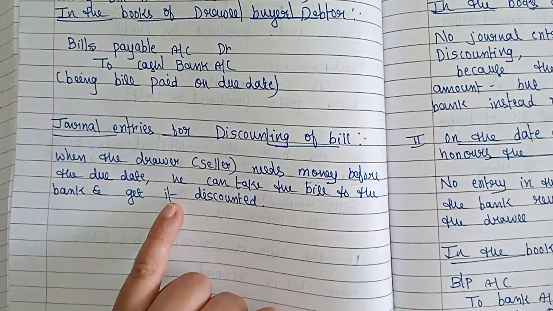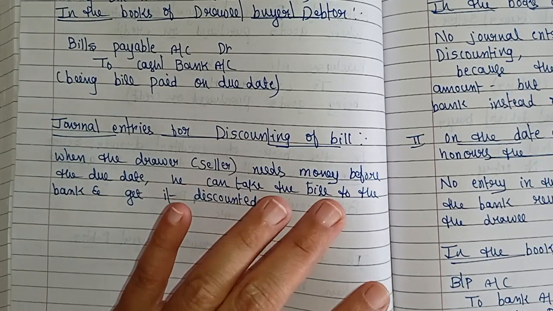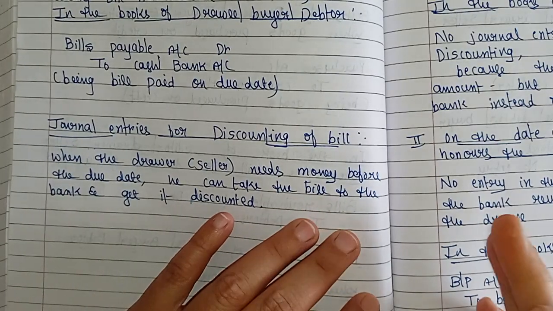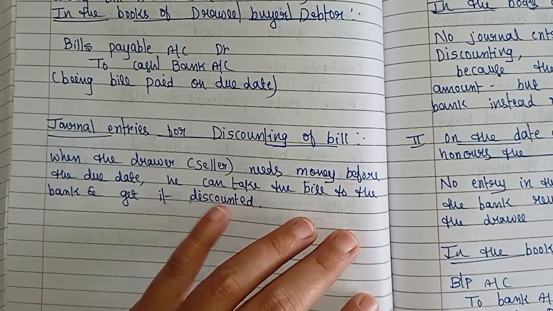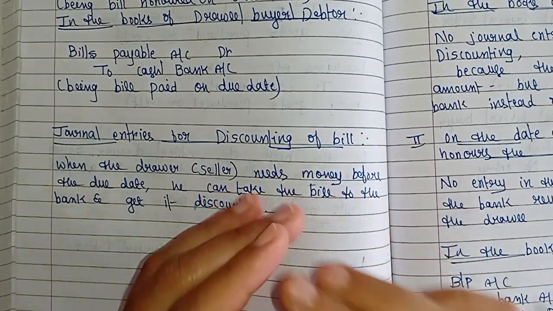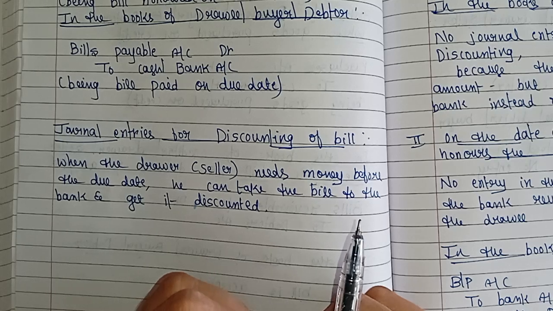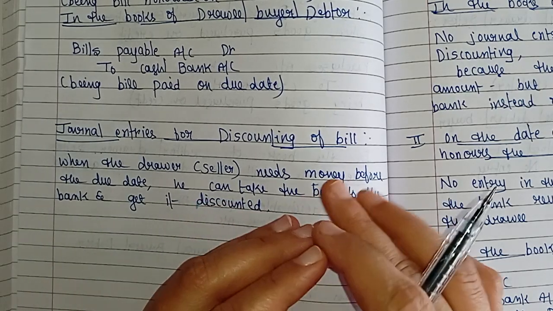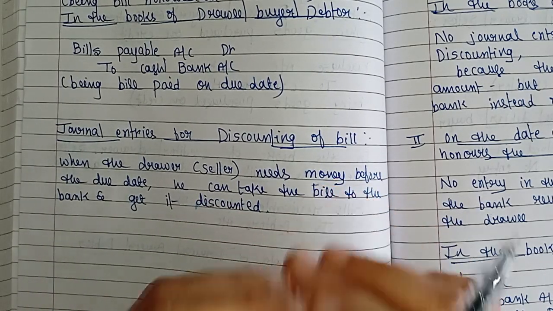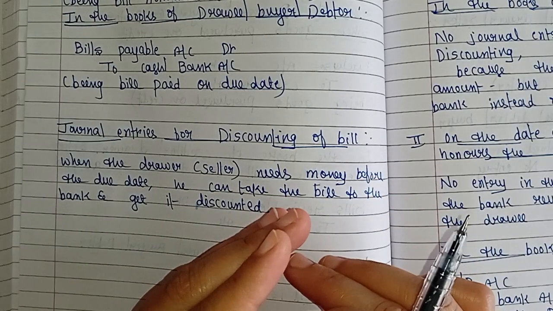Clear? So when the drawer needs money before the due date, he can take the bill to the bank and get it discounted. It means the bank gives him the bill amount, but after deducting some interest or charges. That is called discount.